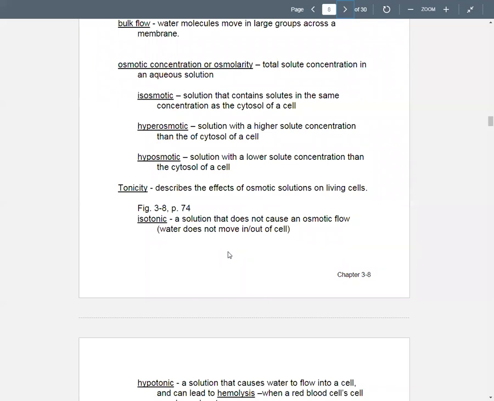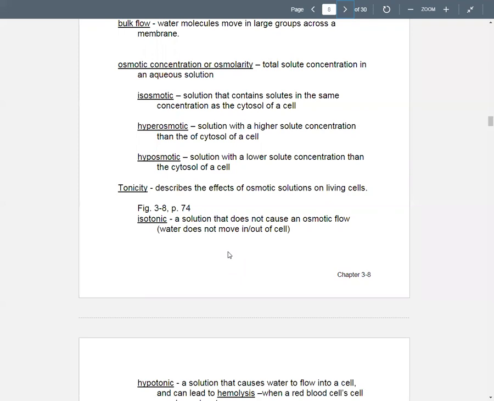You might remember? Same. So in an isosmotic solution, your solution is going to have solutes that are in the same concentration as the cytosol in that cell. Basically, extracellular fluid has the same concentration as the cytosol.